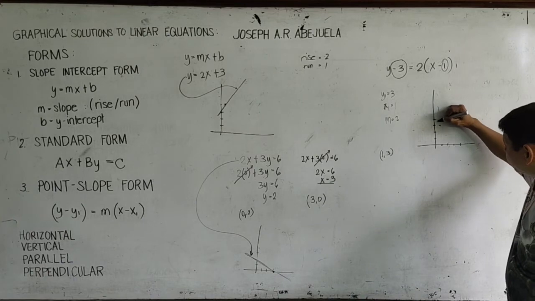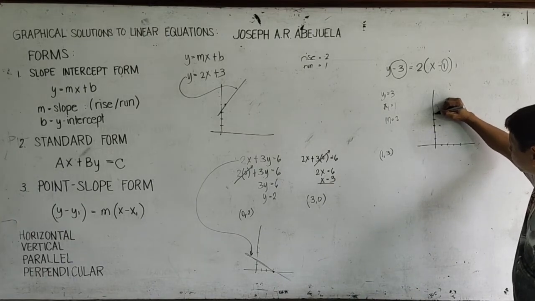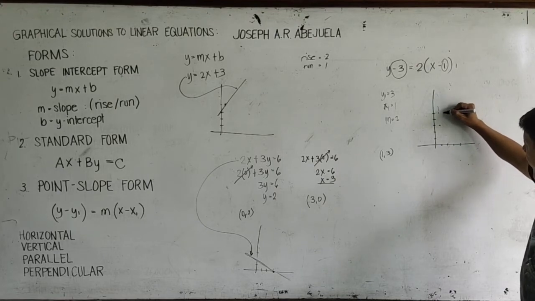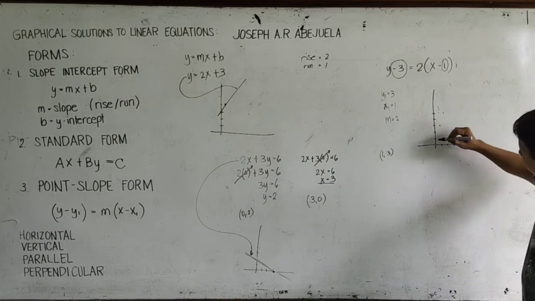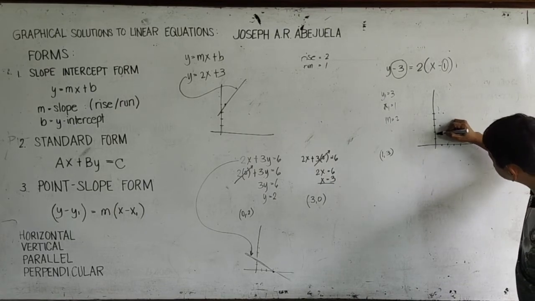So for every 2 up, it moves 1 point to the right since it's positive. So these are the points, and we will just have to connect them.